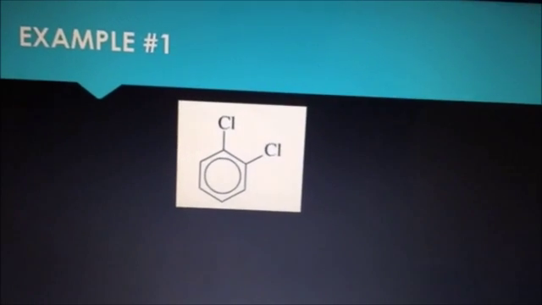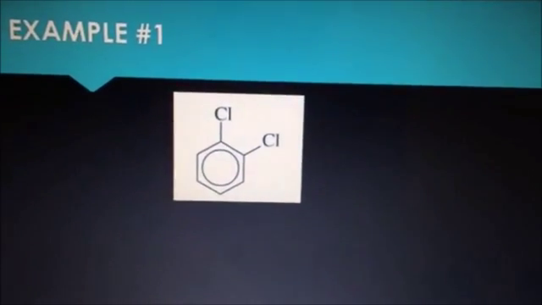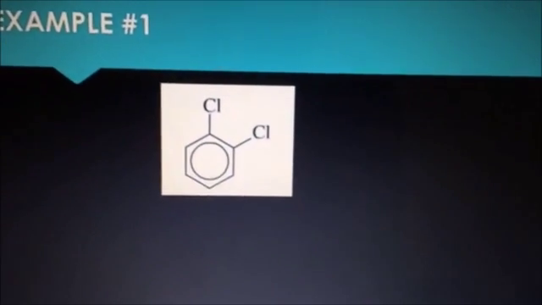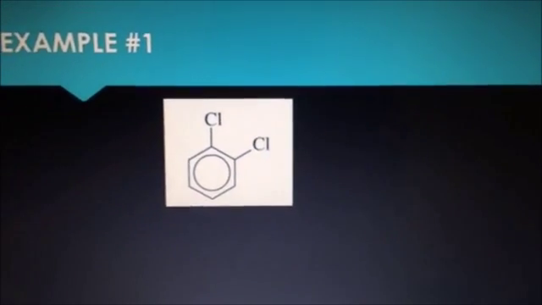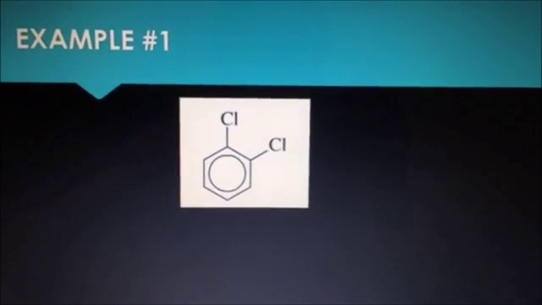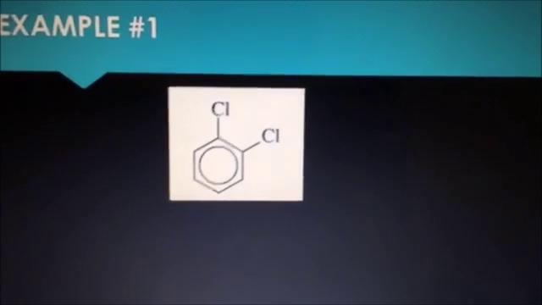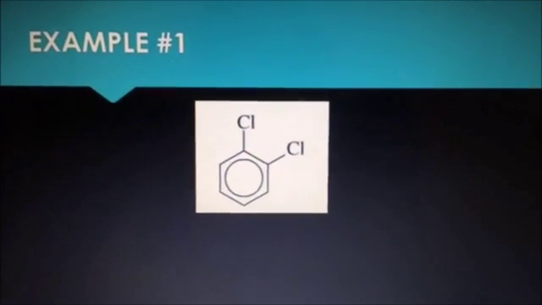Here is example number 1. Here you can see a benzene ring and 2 chloros. Okay, now we already named them. So the second step is to number them. We need to stay alert that we have to number it the shortest way that we can.